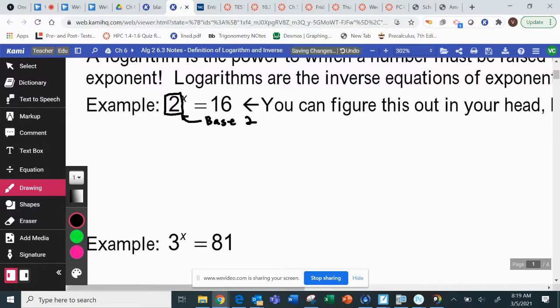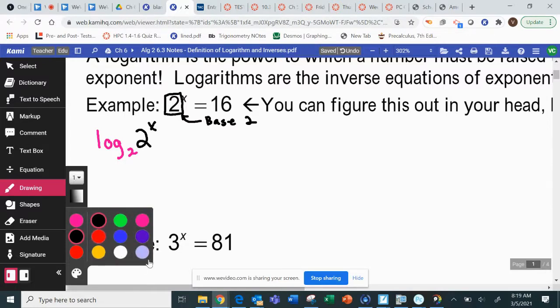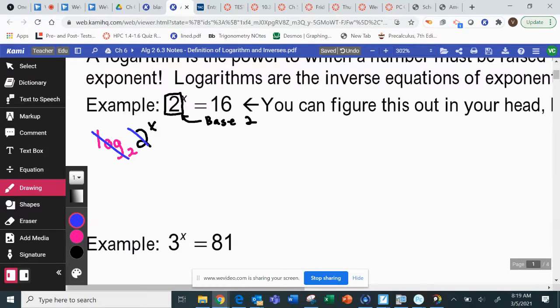And when we do logarithms, if we have a logarithm with a base of 2 of a base of 2, these are inverses and will cancel out. But if I do that, I have to do it to both sides. So I have x equals log base 2 of 16.